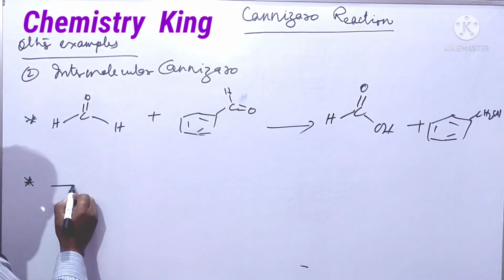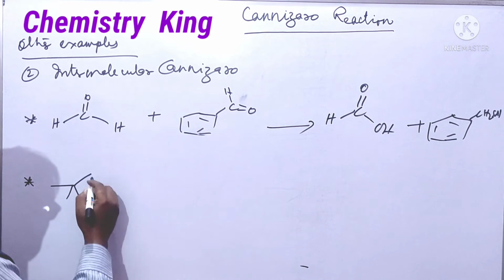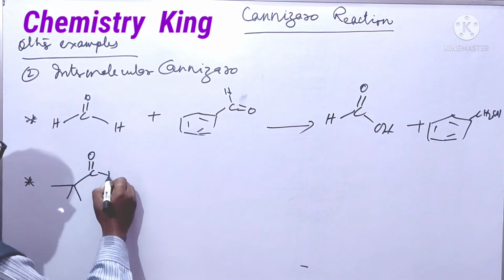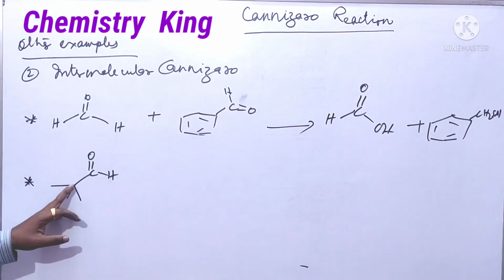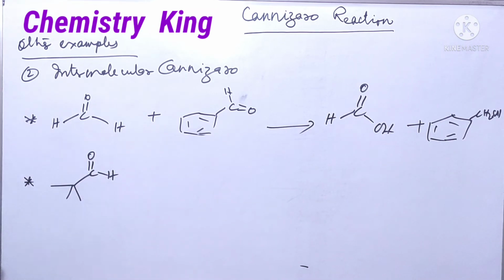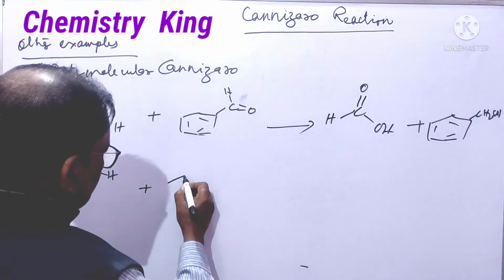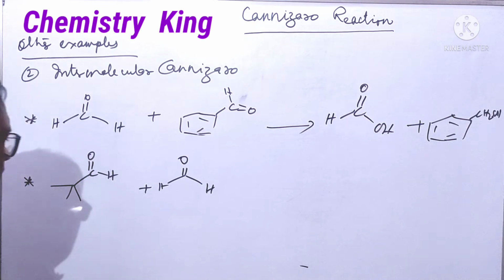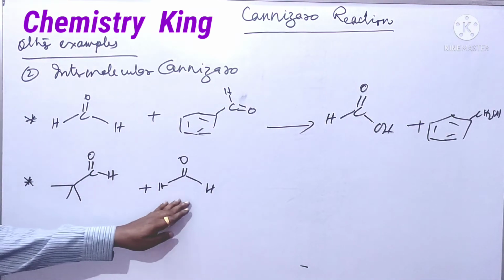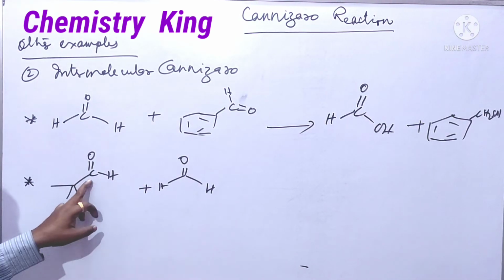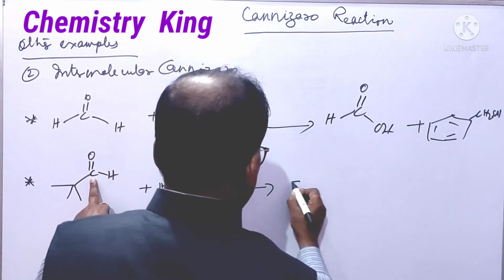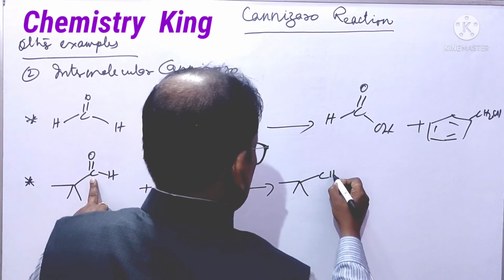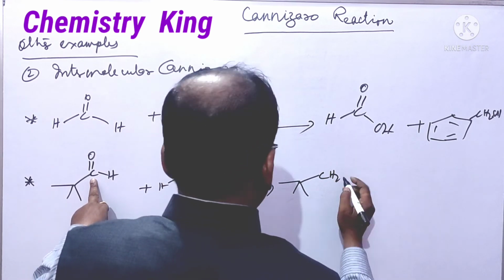Okay? Second example is this. Suppose this is, it has no alpha hydrogen, and second molecule is formaldehyde. It is smaller, it is bigger. The bigger molecule is reduced, so you will get CH2OH.